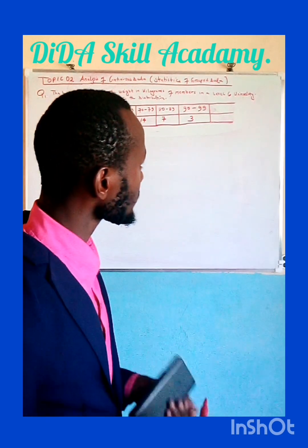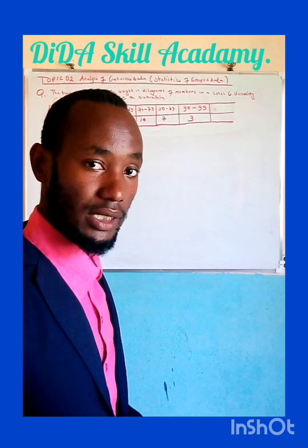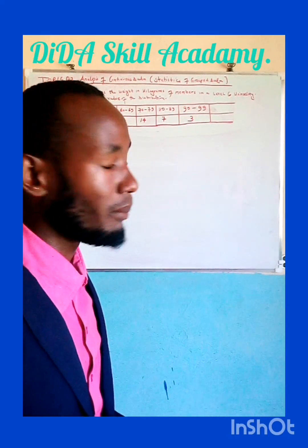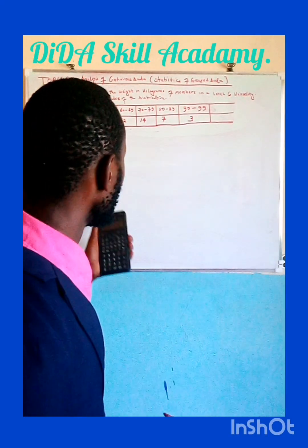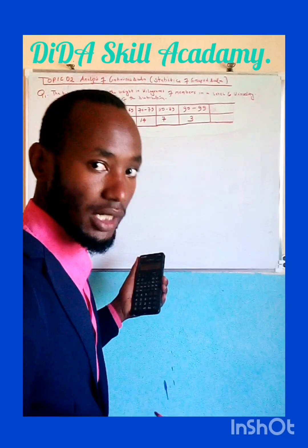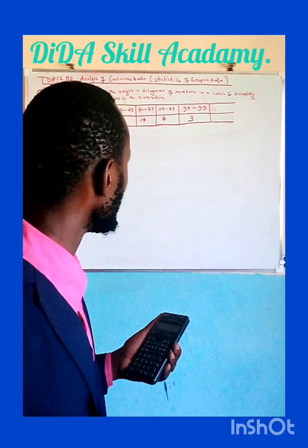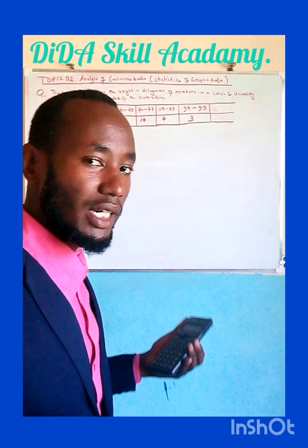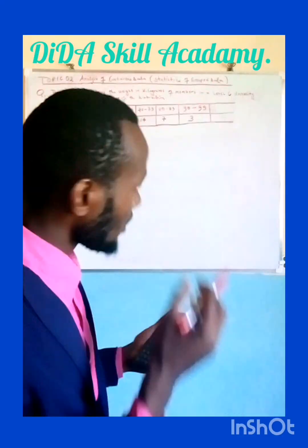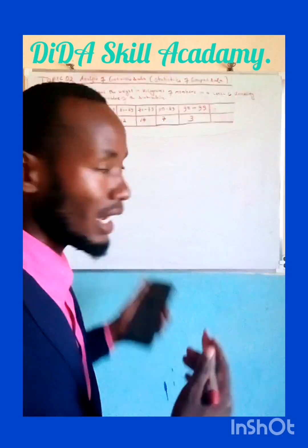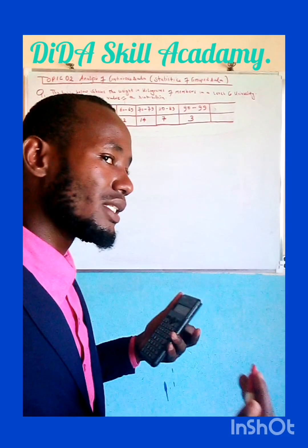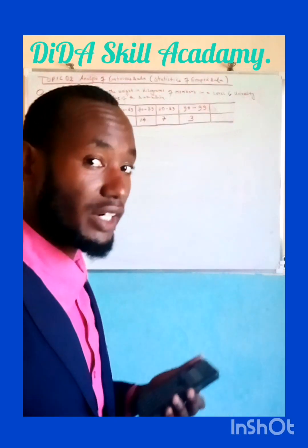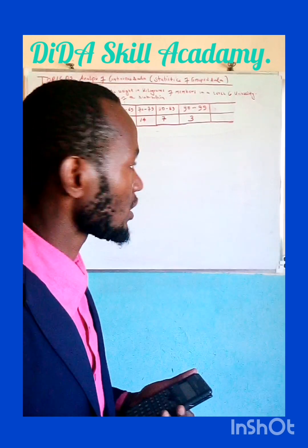So today, on this type, which is continuous data, we're going to calculate the mean value of the data presented on the whiteboard. When you are provided with this type of data, you have to arrange or tabulate it in a way that lets you maneuver during your calculations.